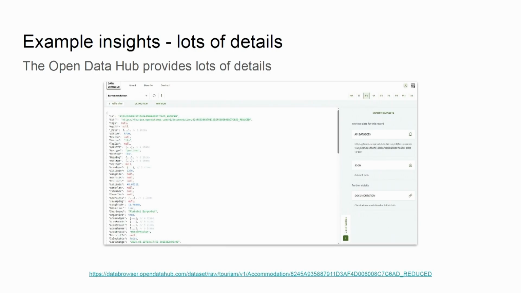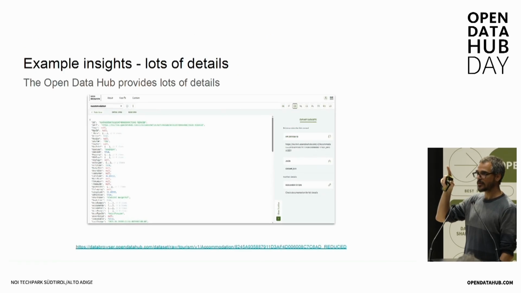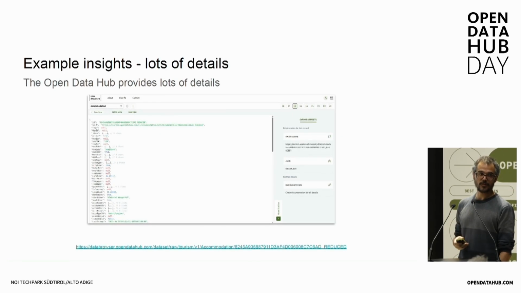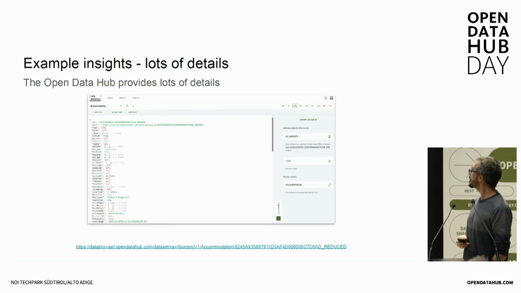So you can access even the raw data in the data browser, and you see by the scroll bar at the side, there's still a lot to scroll. And something also interesting, you can use this to get all the details of a data set or a record. So that's also visualization supported by the data browser.